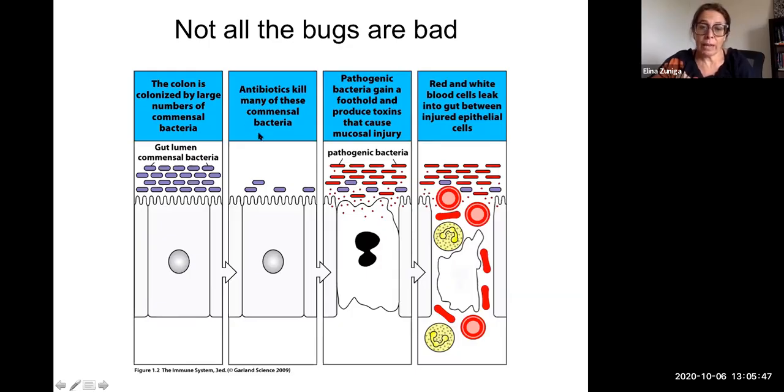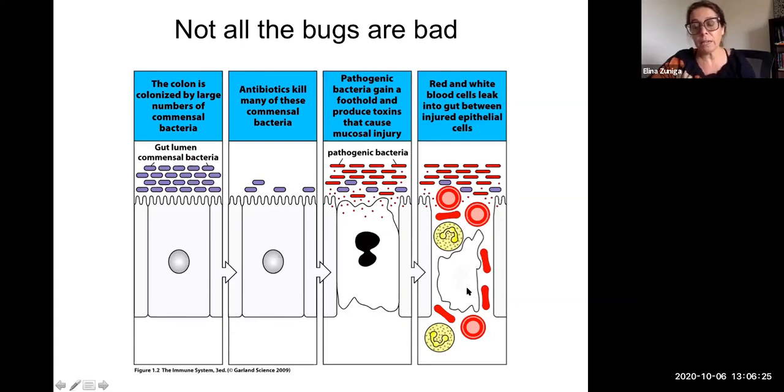And so there have been experiments done in which it has been shown that treatment with antibiotics can kill many of these bacteria that coexist with us in our body. And this leads to, or gives, space for pathogenic bacteria to grow and produce toxins that may cause damage to the cells and then cause inflammation in the area where damage exists.